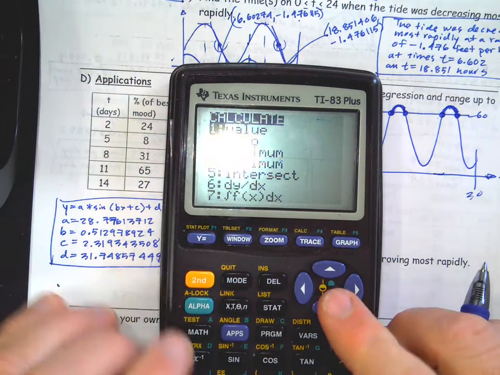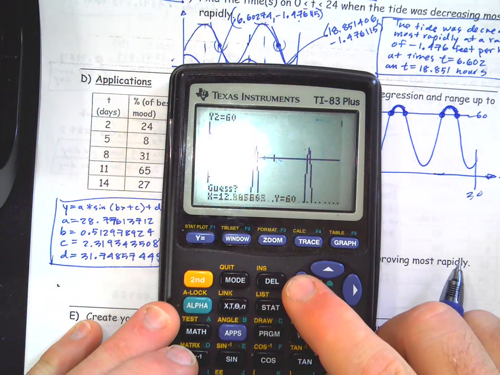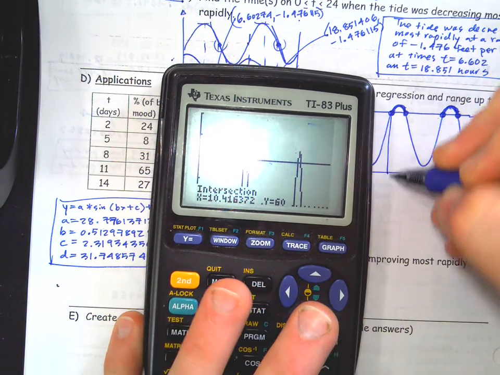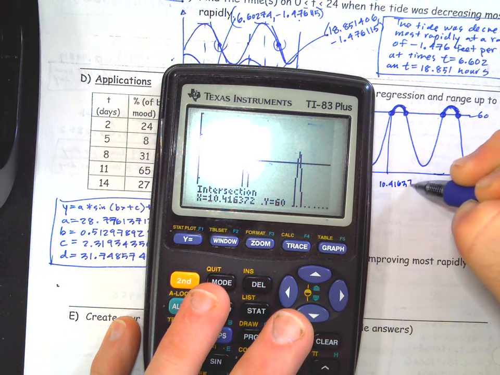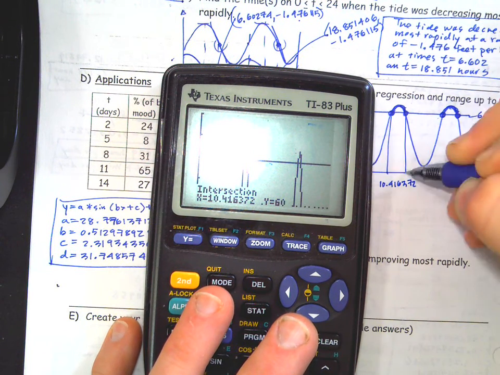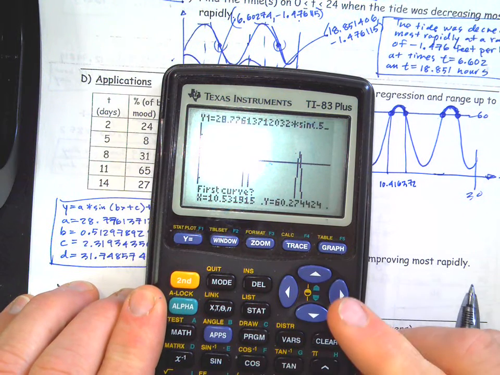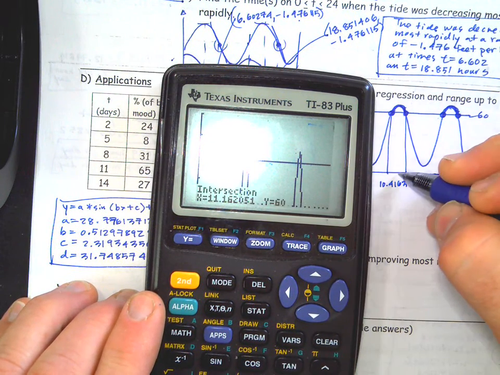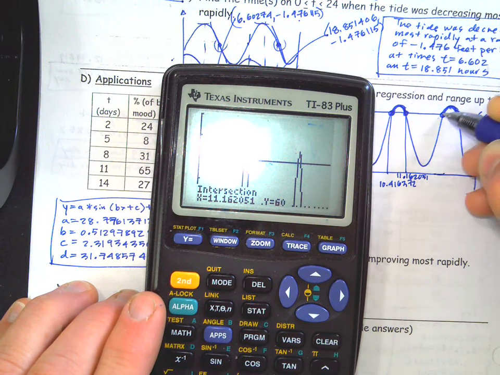Second calculate, number 5 intersect, first curve, second curve. Guess to the left of that. So that's 10.416372. And second calculate, intersect, first curve, second curve, guess. That is 11.162051.